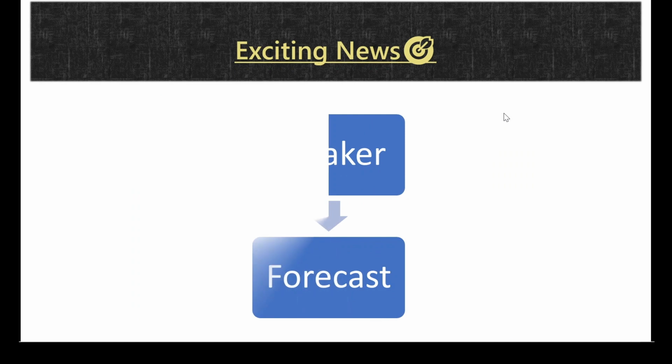After the breaker, we will be done with the Genesis playlist, which will include all the PD arrays that we're going to be using when we start our forecast. So the wait is almost over, and we have just the breaker video left to be done with the PD arrays videos. And after that, we're going to start our weekly and daily forecast.